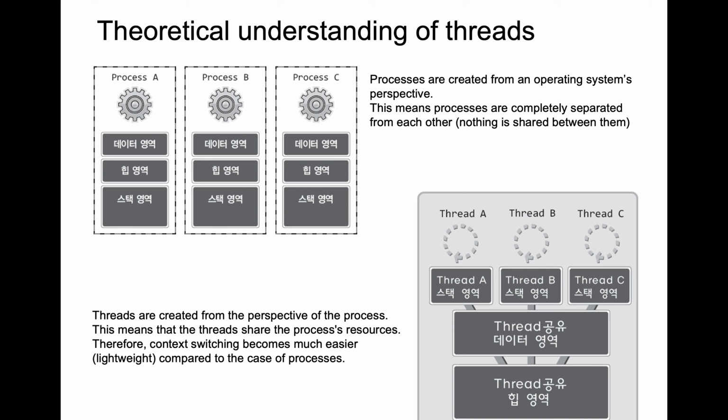It's divided into processes, and each of those processes has its own data, its own heap, its own stack. This means the processes are completely separated from each other, meaning they do not share any data. They do not share any context with each other. They are completely separate things, and nothing is shared between them.